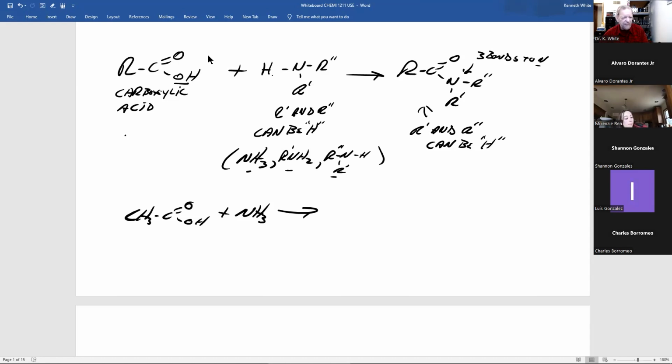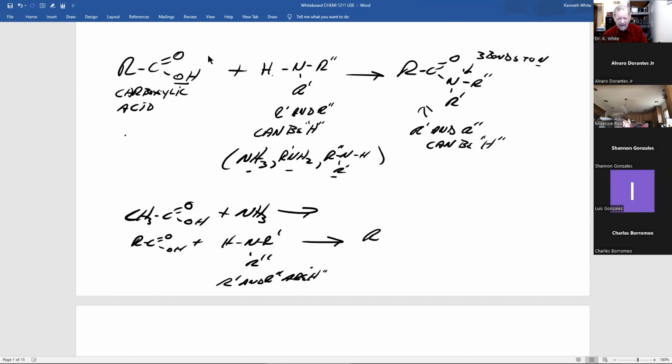What do we have? A carboxylic acid. Here we have ammonia, and you can think of this like this, where R prime and R double prime are hydrogen. And what do you get? An amide.